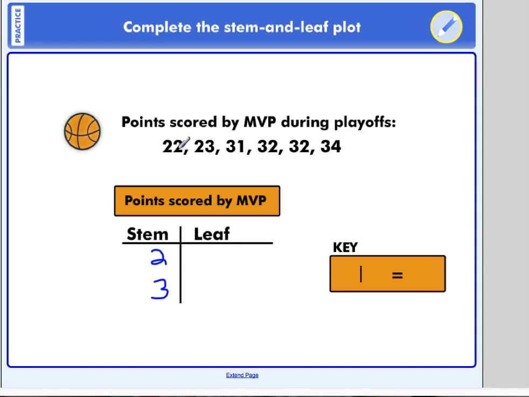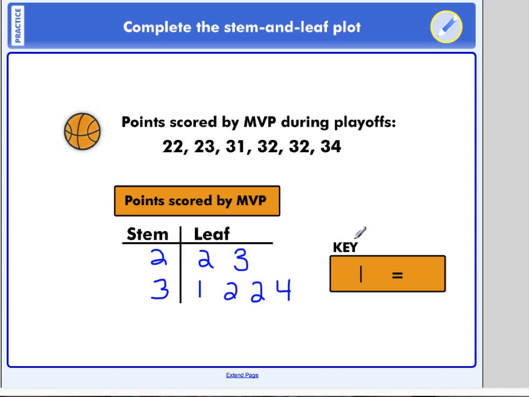Now our leaves for the 20s, we've got 22 and 23. For the 30s, we've got 31, 32, and another 32. They both need to be represented there, and a 34.